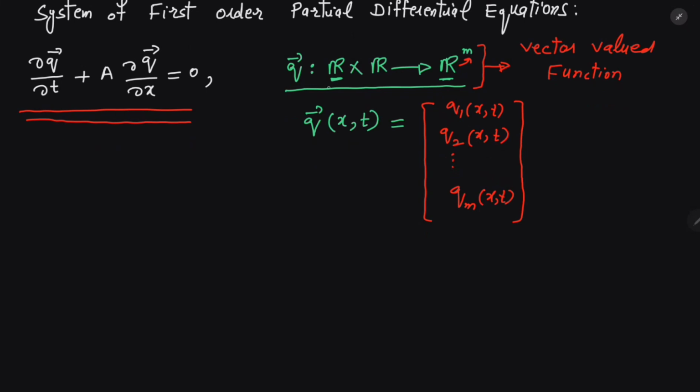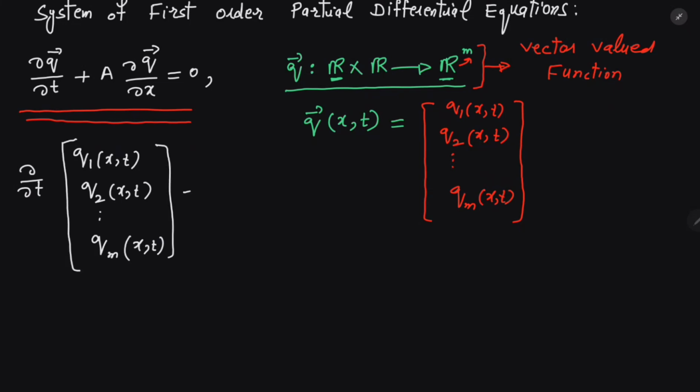Since Q is defined like this, we can write partial by partial t of Q1, which is a function of x and t, Q2 of x and t, and then we have m components. Q vector has m components, Qm of x and t, plus A will be any matrix. I will talk about that later on.